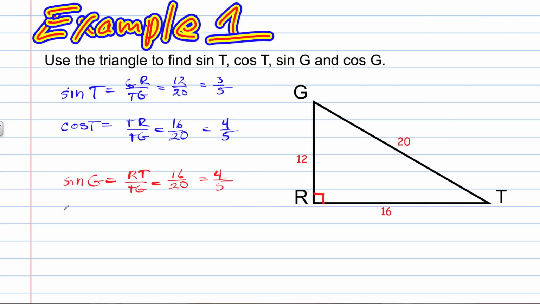And finally, the cosine of angle G is the side adjacent, GR, over the hypotenuse, TG, and that's equal to 12 over 20, which reduces to 3/5.